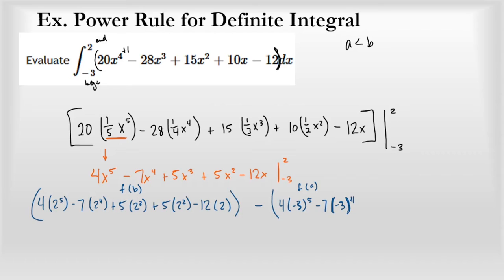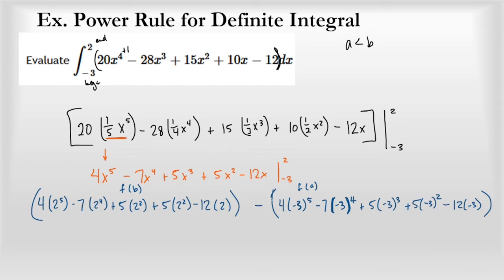Put parentheses around it so it knows to take the 4th power of -3, not negative the 4th power of 3. That's a whole different thing. Plus 5 times (-3) cubed plus 5 times (-3) squared minus 12 times -3.